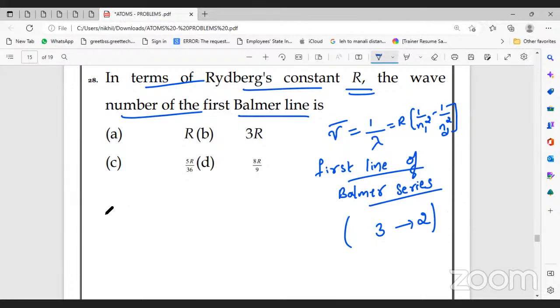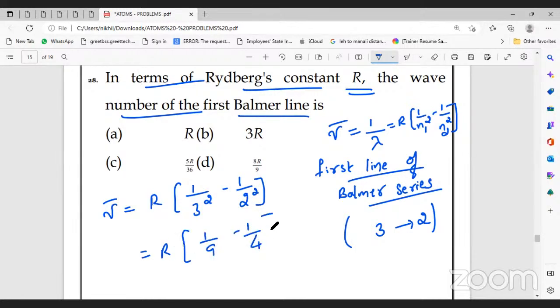So what's the formula? Nu bar is equal to R into 1 by N1 squared, that is 3 squared, minus 1 by 2 squared, that is 1 by 9 minus 1 by 4.